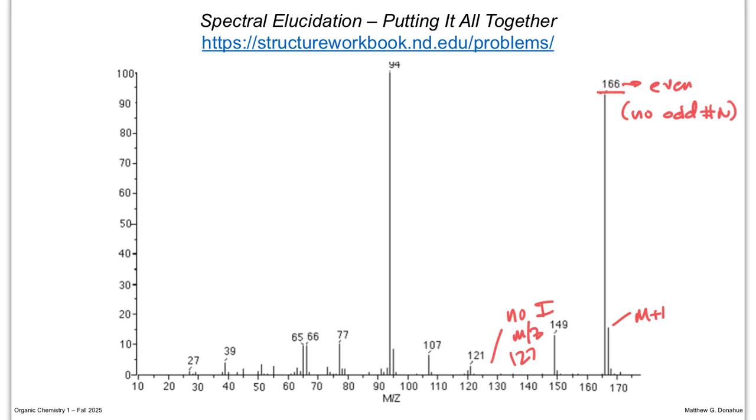And because we're solving this another way, if we did just this cheap algorithm where we took 166 and divided by 12, what would the maximum number of carbons be?